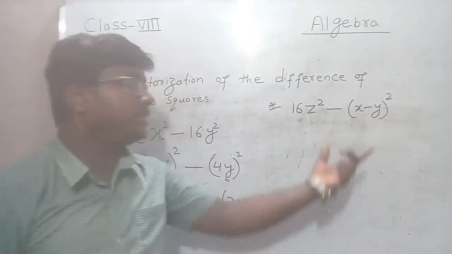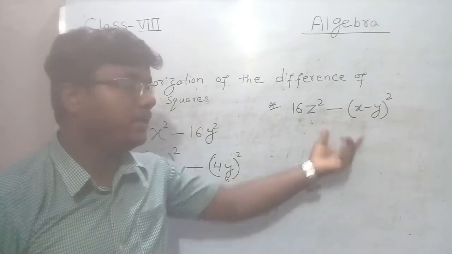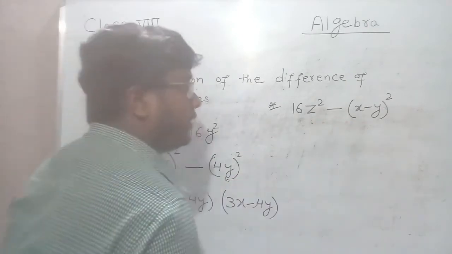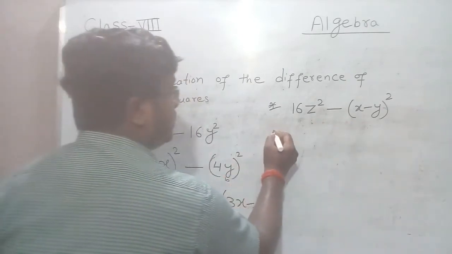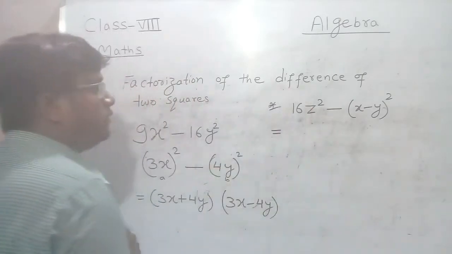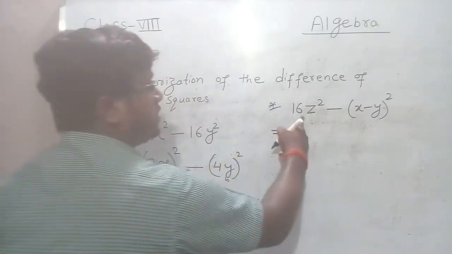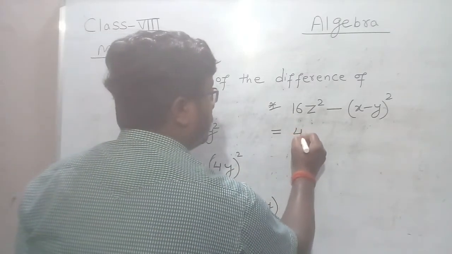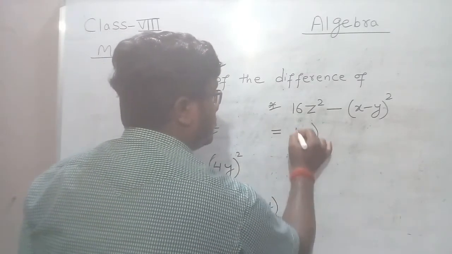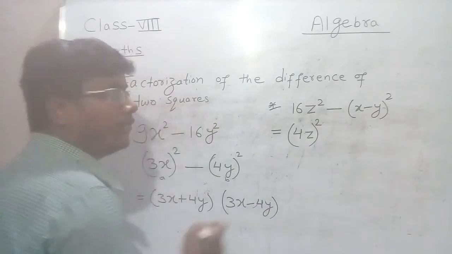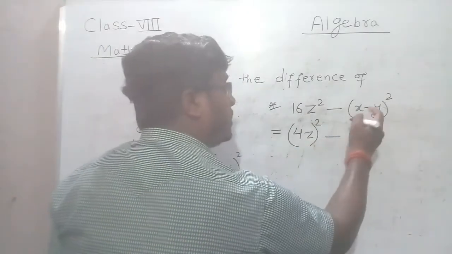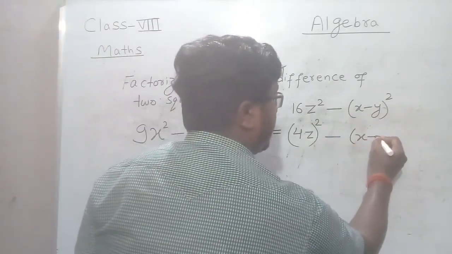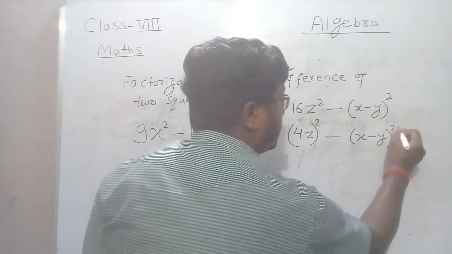Again, we have to change it into the form of difference of 2 squares. We can write 16z square as 4z whole square, minus x minus y whole square, leaving this as it is.